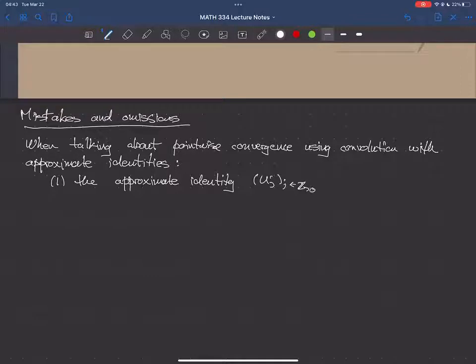To get this pointwise convergence conclusion that I talked about last time, the approximate identities need to be even. Just to make sure we know what that means, you must have that u_j of t is equal to u_j of minus t.